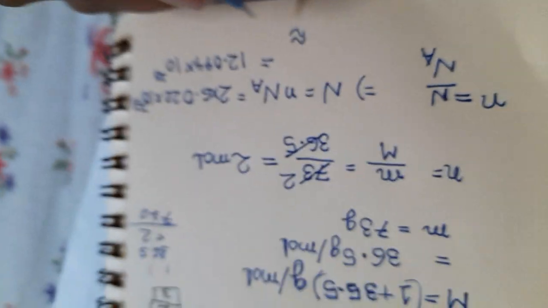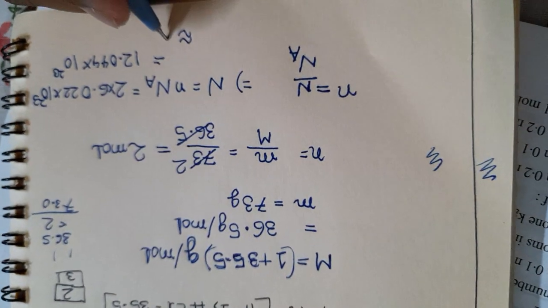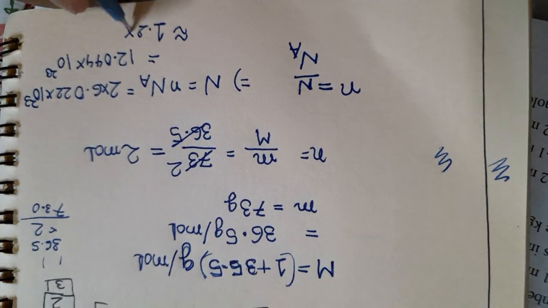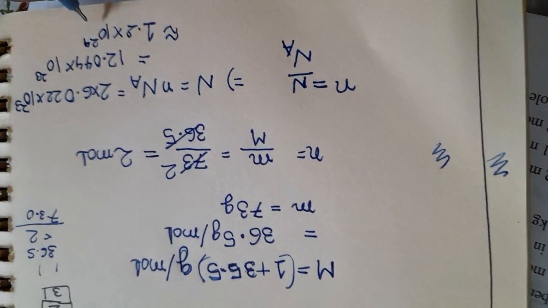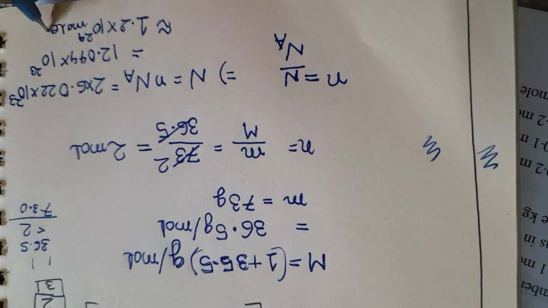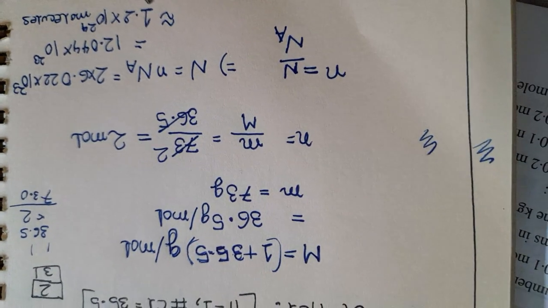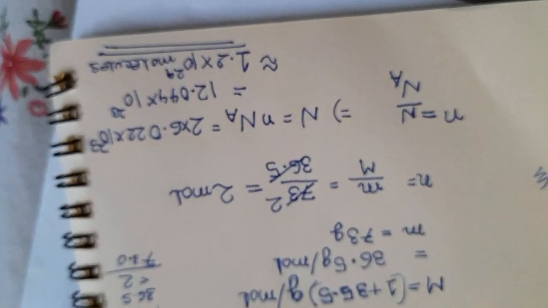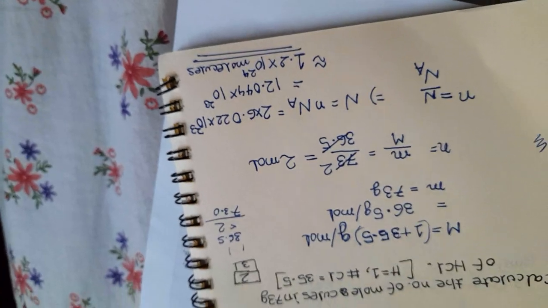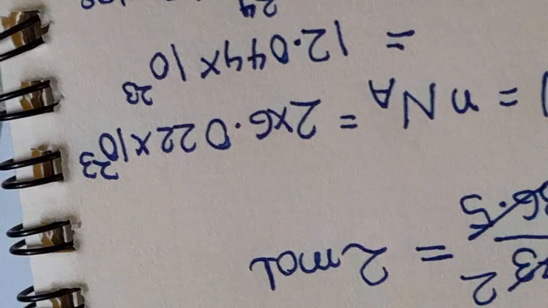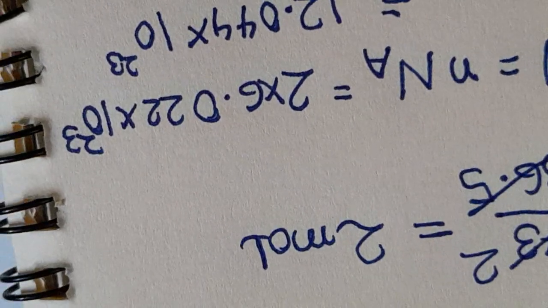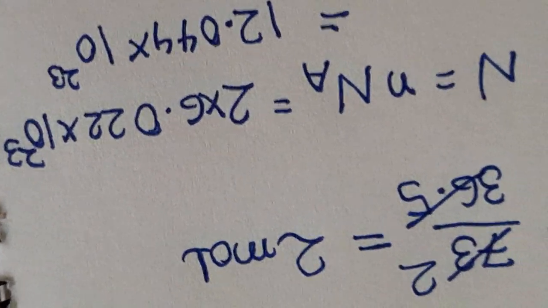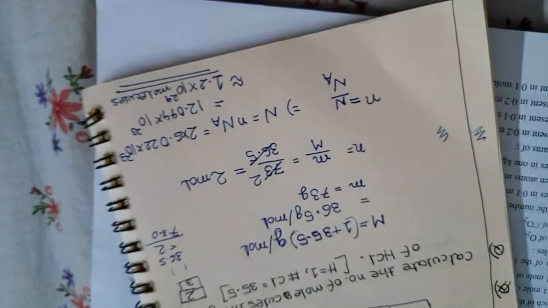Now it's approximately 1.2 into 10 to the power 24 molecules. This is the answer. You can also end the answer here only. See, 2 into 6.022 into 10 to the power 23. That's also correct.